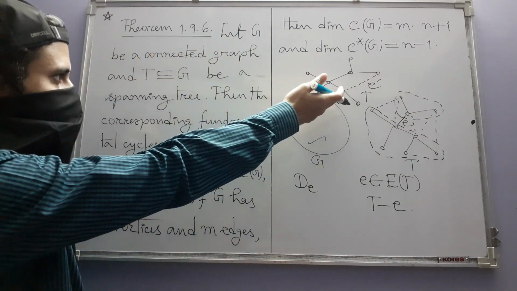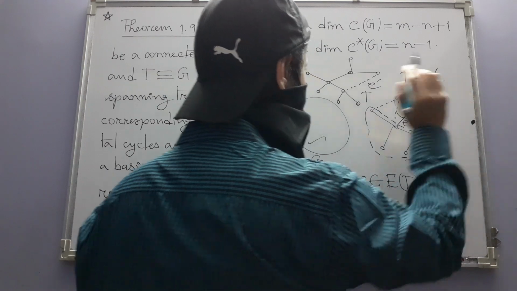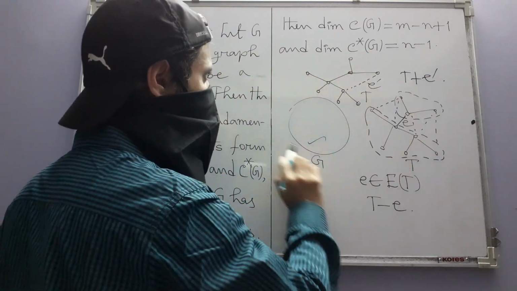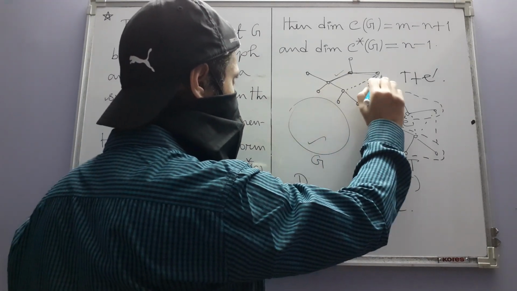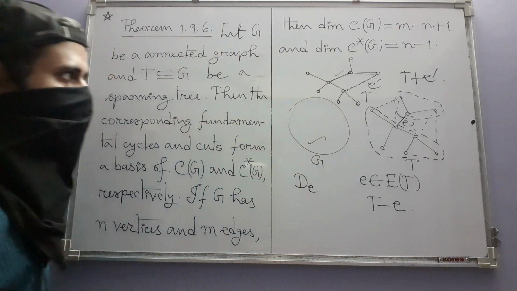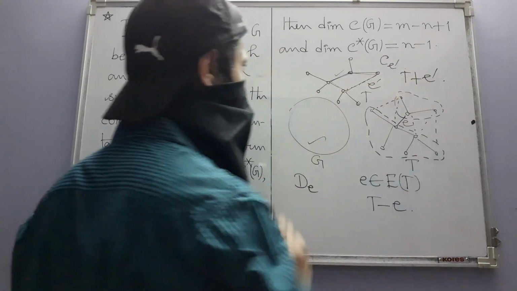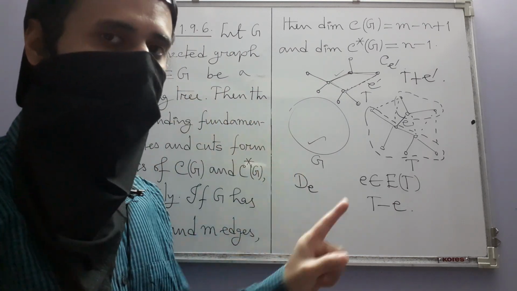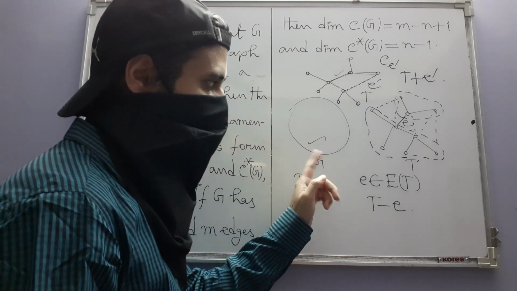So here what you are looking at is T plus E prime. Then naturally this T plus E prime has precisely one cycle, this cycle, and that cycle we call C E prime. You will get exactly one such cycle for each edge in G that is not in T.